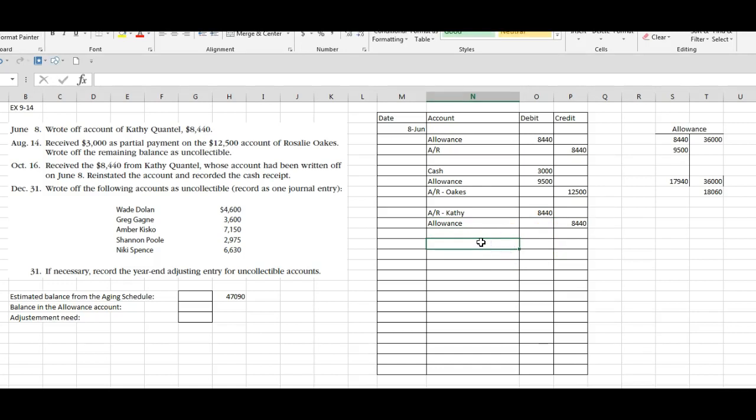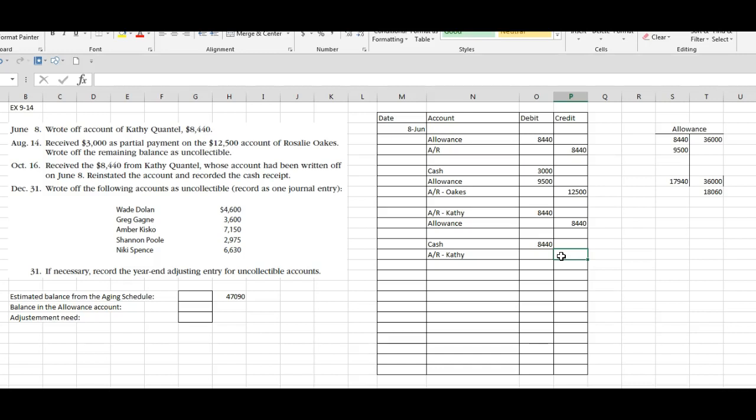And I'm not quite finished with this. I have to accept that cash of $84.40. I have to put it in the right place too, don't I? So cash gets debited for $84.40. And she doesn't owe it to us anymore because she paid it, so it comes out of accounts receivable.